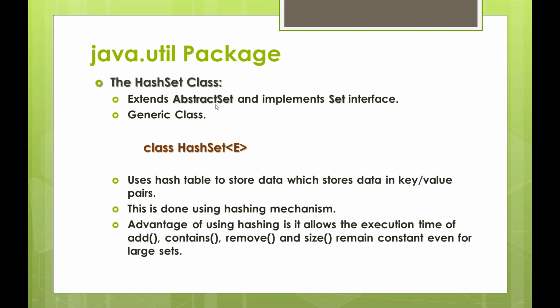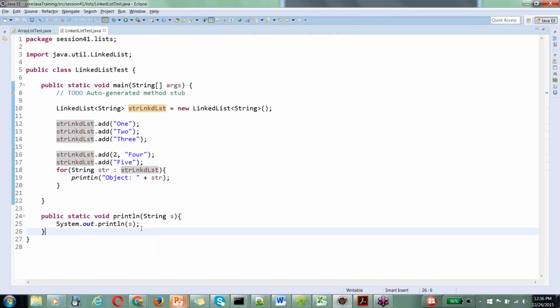Since abstract set extends abstract collection, the methods defined in your abstract collection are available, and if something needs to be added, that is added in your abstract set. The important difference between list and set is that list will allow duplicate values, but set can have only unique values. Okay, so that is what I tried to explain here.